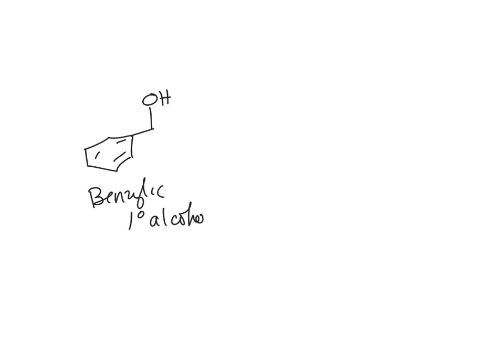All right, we have another organic transformation. And we have a benzylic primary alcohol. And we're asking for the reagent here. So you want to look at the functional group transformation.